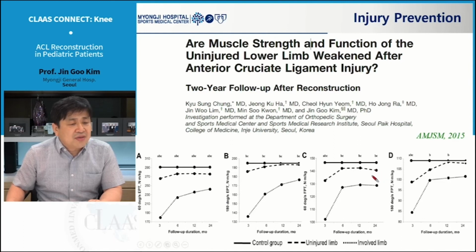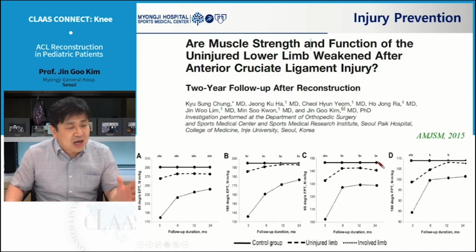So the contralateral knee still shows significant muscle weakness compared to the normal group without any ACL injury. This is one of the causes of contralateral rupture. The reconstructed knee is also significantly lower than the normal knee.